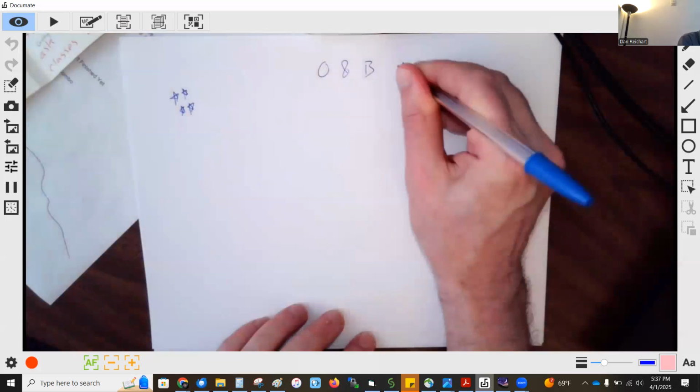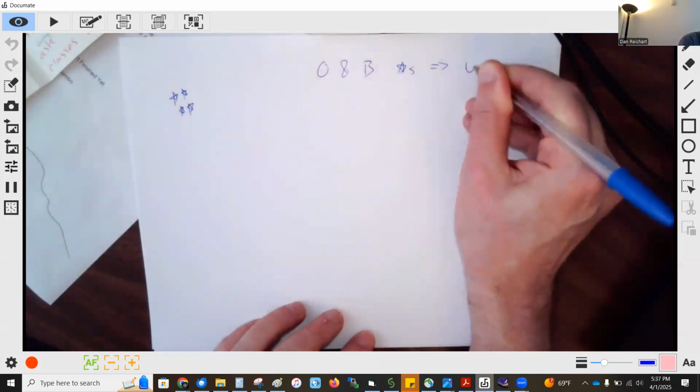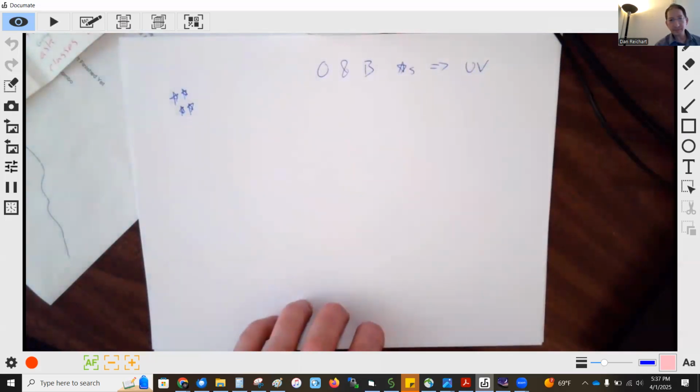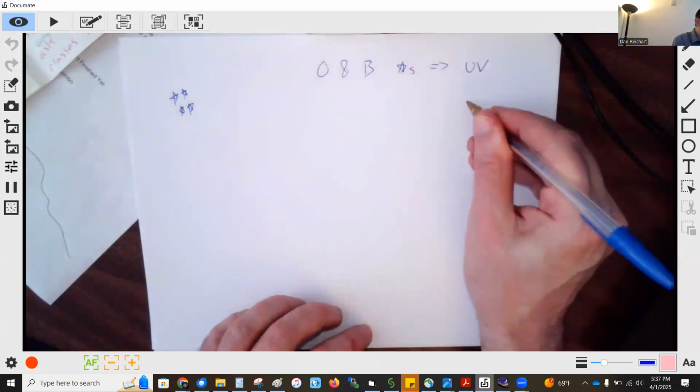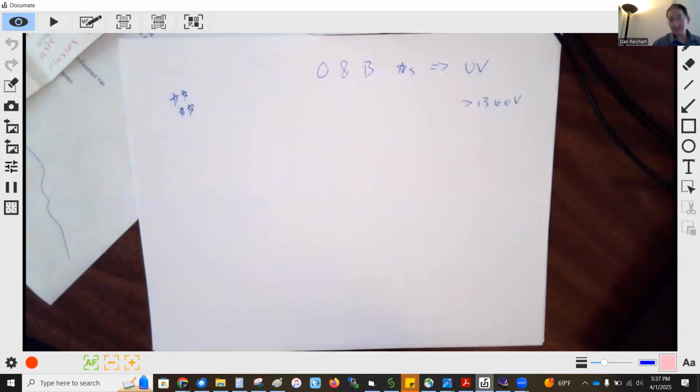So the O and the B stars make UV radiation, and some of that will be greater than 13.6 electron volts. And that's the energy of photon that you need to ionize hydrogen. You may remember that number from high school chemistry. Most of the surrounding gas, most of the gas in the universe, is hydrogen.